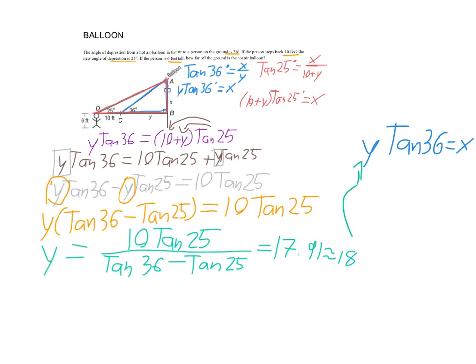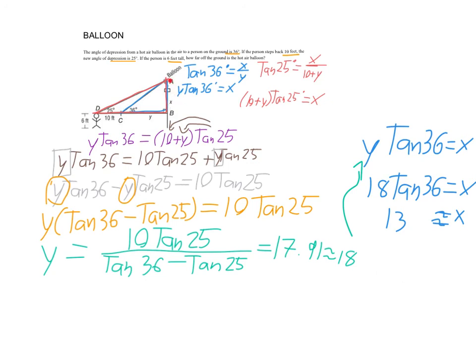Plug that 18 in for that y, and we'll end up with 18 times the tangent of 36 equals x, to give an x of about 13 feet. And that's going to be our value there.